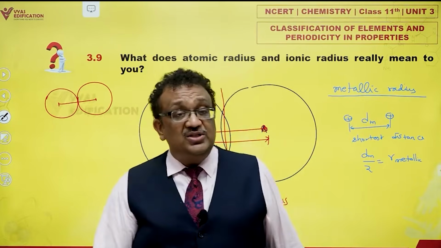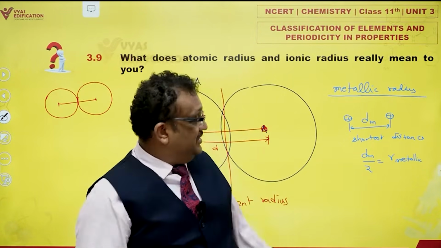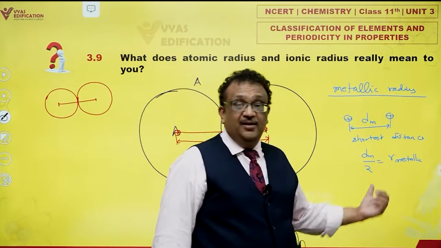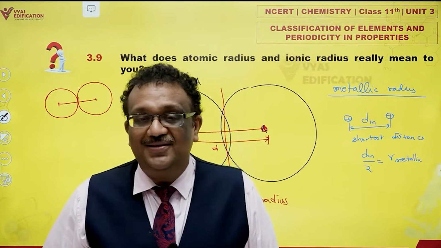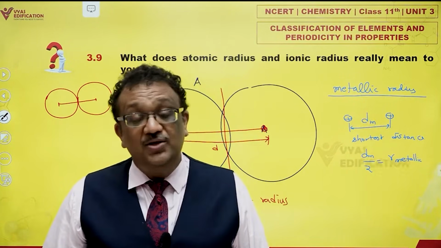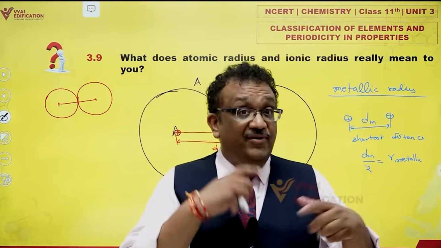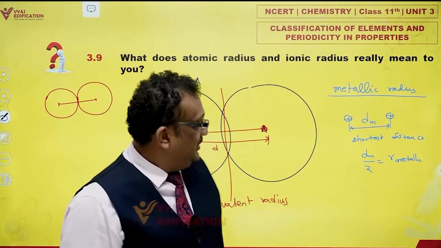Similarly, if you have the distance between two nuclei in a solid metal, the nearest distance, then you say that is the metallic radius of that element in solid state. In solid state, the moment you say that, it means that we're imagining that it could be different in different media, but nonetheless.